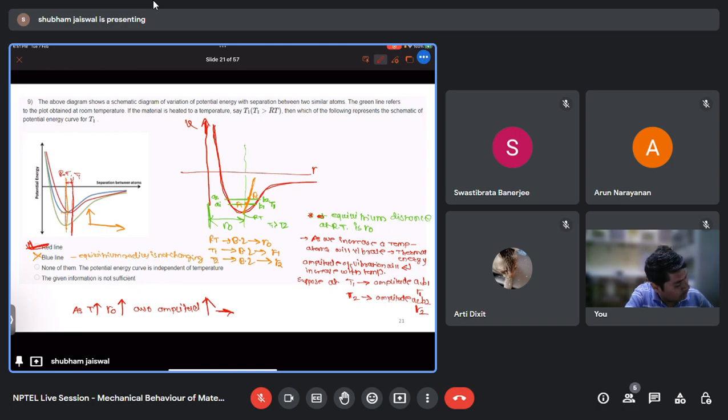It means the bond length increases on heating, and the material will exhibit thermal expansion.